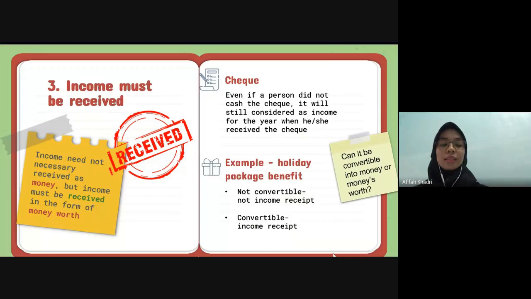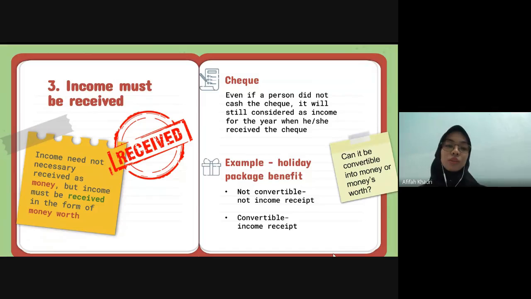The third characteristic is income must be received, but it is not necessarily received in the form of money only. Instead, income needs to be received in the form of money's worth, which means something that has monetary value. Let us look at the example of the holiday package benefit just now.